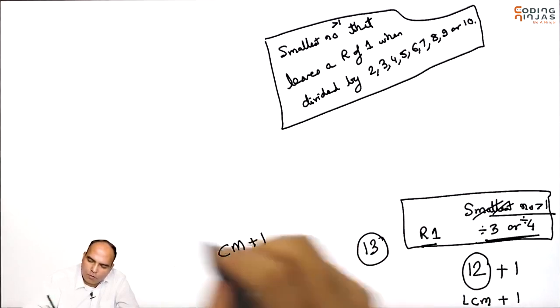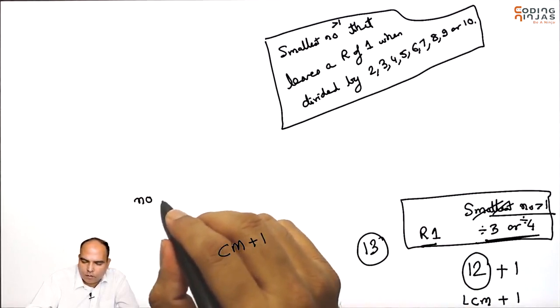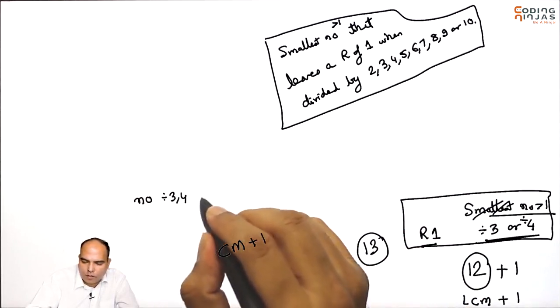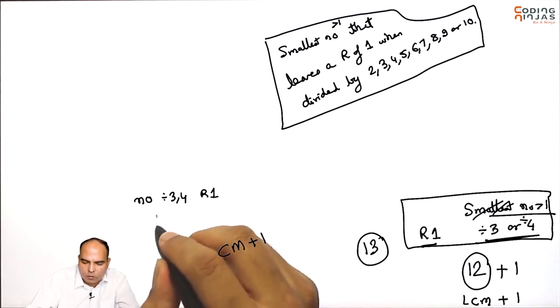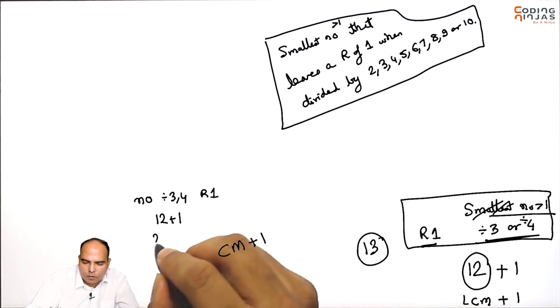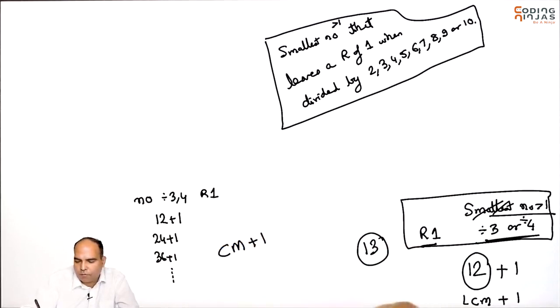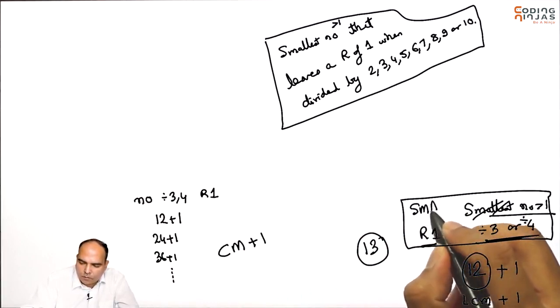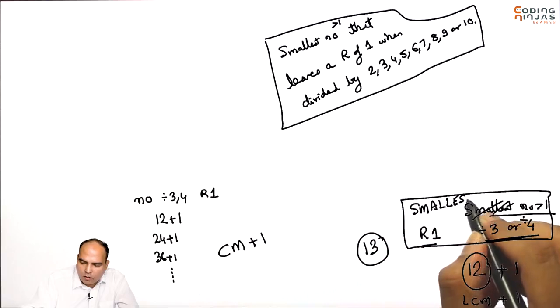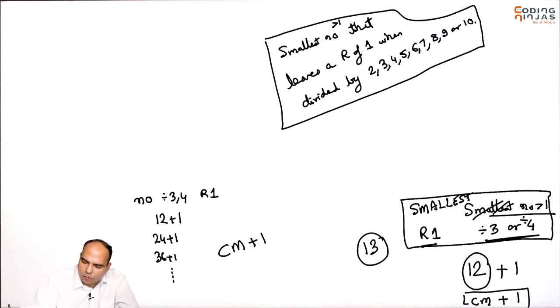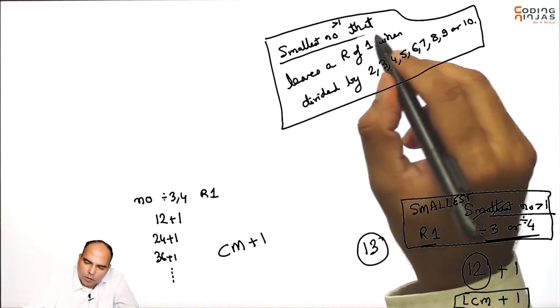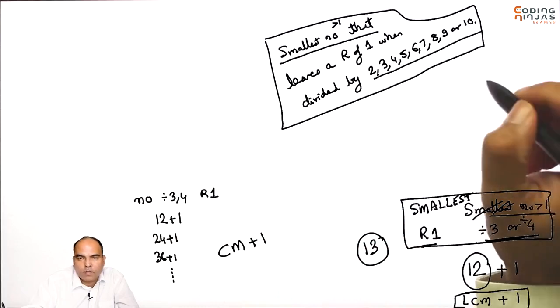Those numbers are 12 plus 1, 24 plus 1, 36 plus 1, all the common multiples of 3 and 4 plus 1. But when the question is about the smallest, the logic moves to LCM plus 1. So since this question was asking for the smallest number, it is about finding the LCM of these numbers.